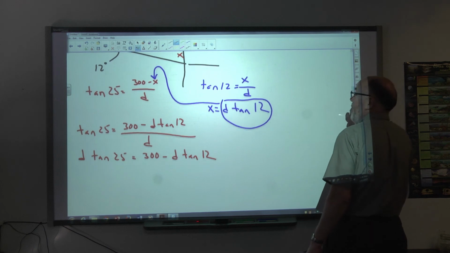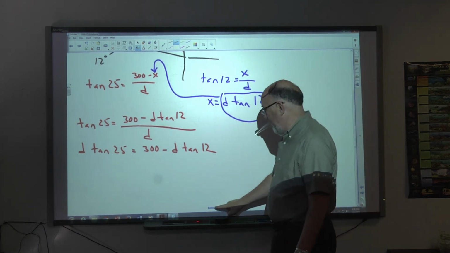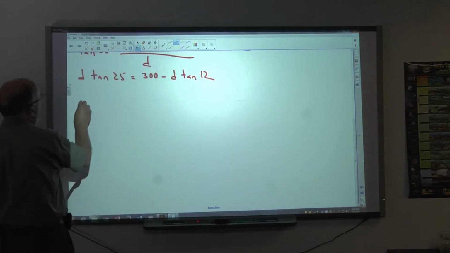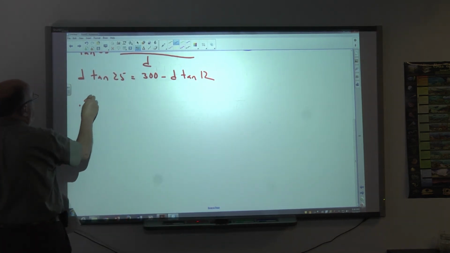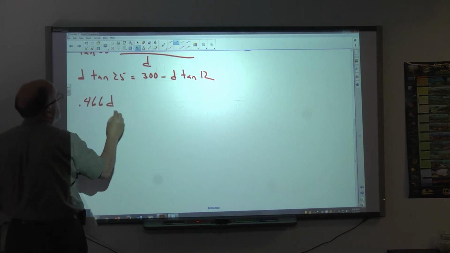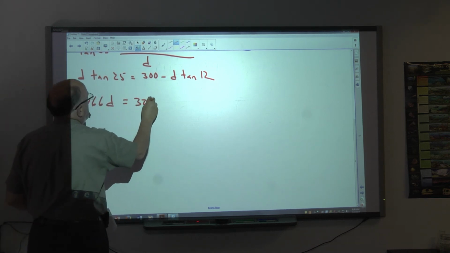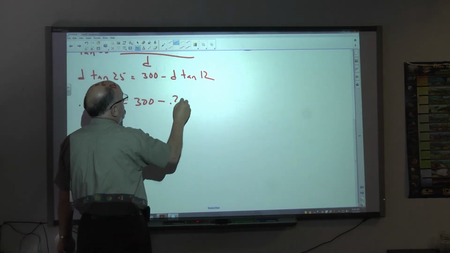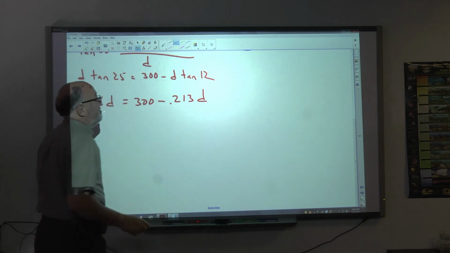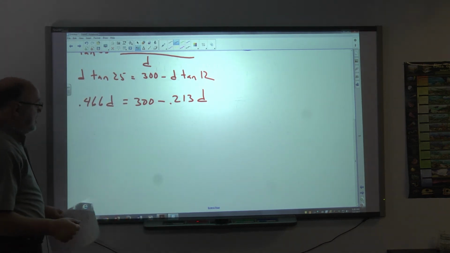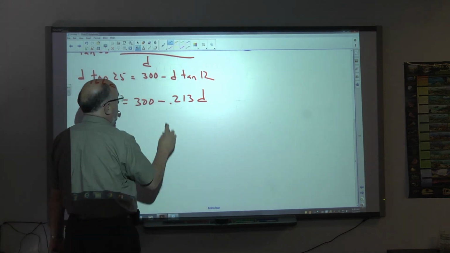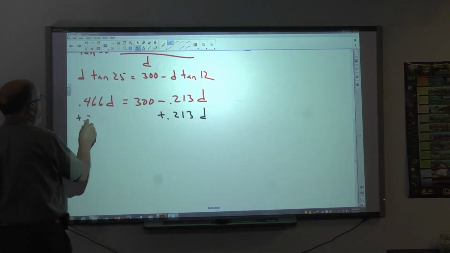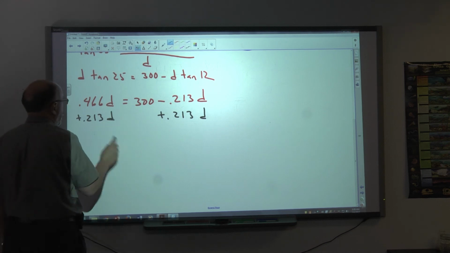We can then plug into the calculator and get a value for my two tangents. And so this will become 0.466D equals 300 minus 0.213D. And now it's a matter of getting the D's on the same side, so we'll add 0.213D to both sides.